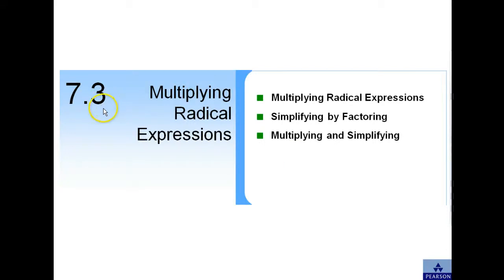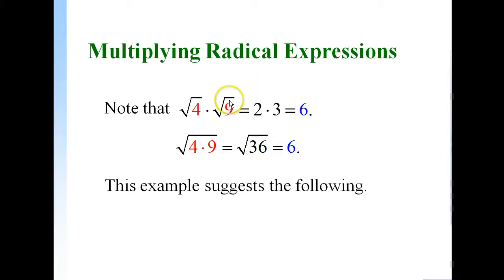In section 3, we're going on to multiplying radical expressions, some of the basic rules. Now, notice if we say the square root of 4 times the square root of 9, square root of 4 is 2, square root of 9 is 3, 2 times 3 is 6.